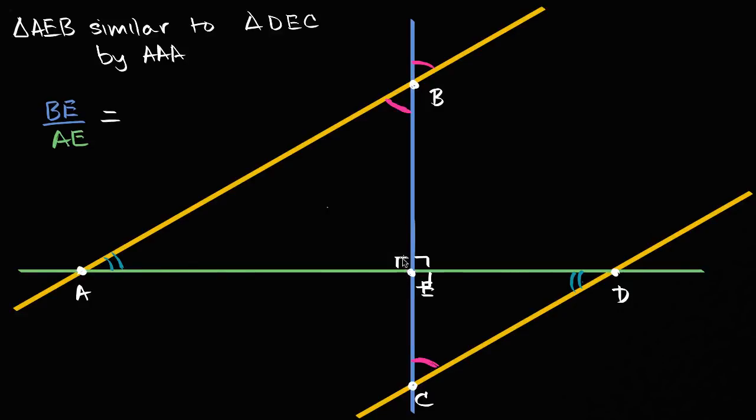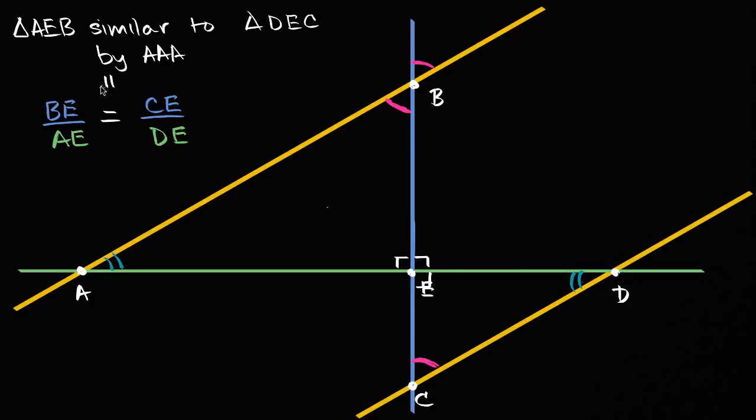Well, what is the corresponding side? The corresponding side to BE is side CE. So that's going to be the same as the ratio between CE and DE. And this just comes out of the similarity of the triangles, CE to DE.